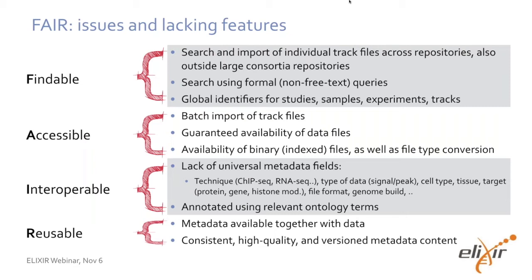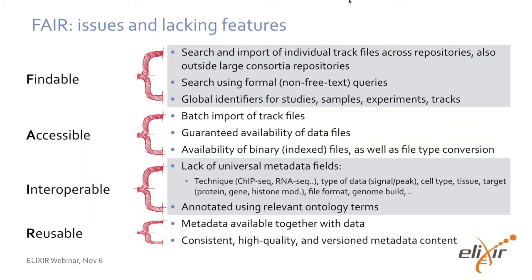For the interoperable part, there is currently a lack of universal metadata fields. So typically, each group defines their specific field for a specific kind of track data. There are different fields, but there are many universal fields that should go together.